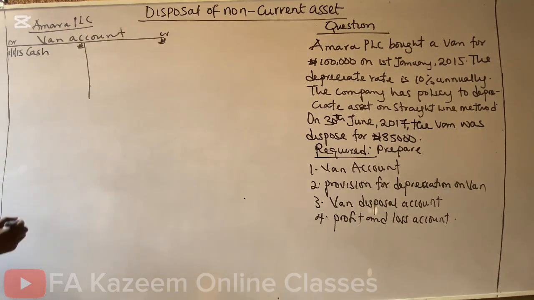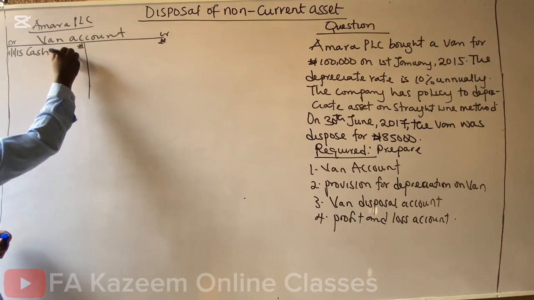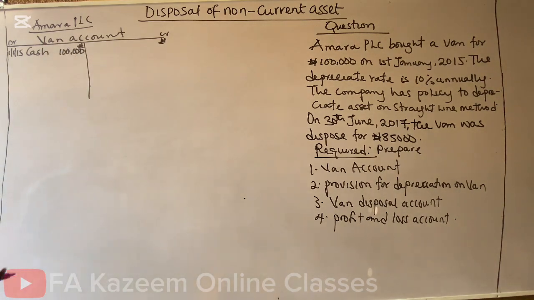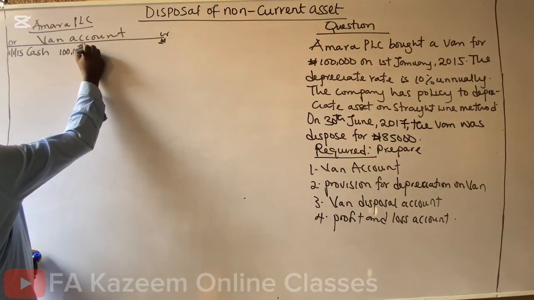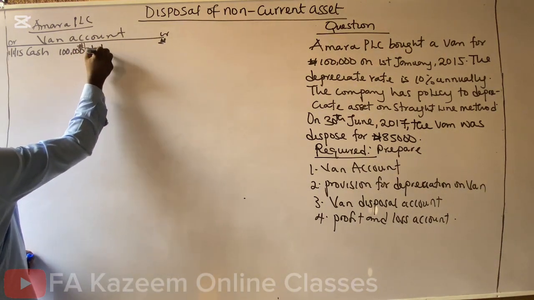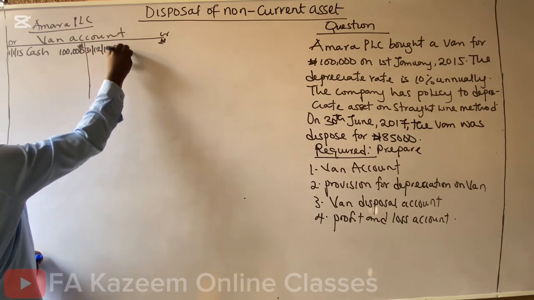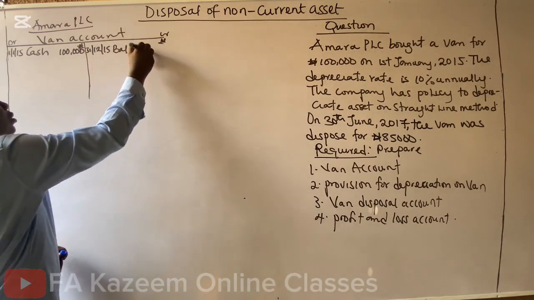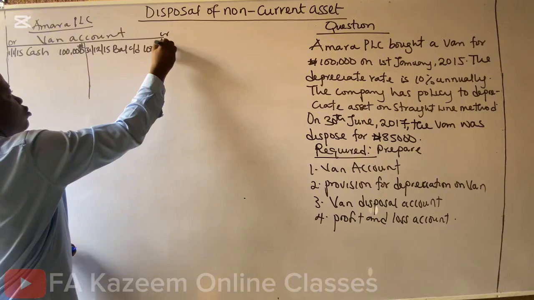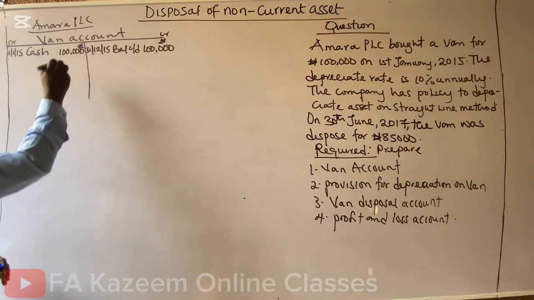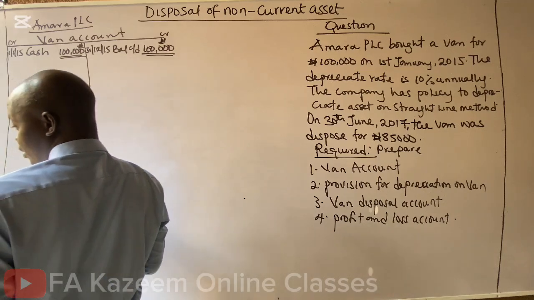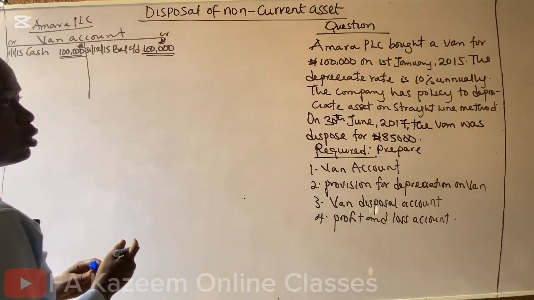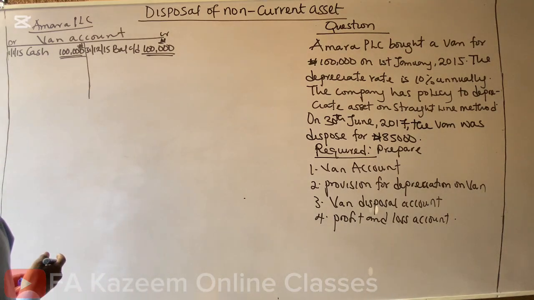Let's assume it was acquired by cash. It was acquired for 100,000 naira. At the end of 2015, this van is still existing. That's 31st December. We say balance carried down 100,000. Because the van is still existing.